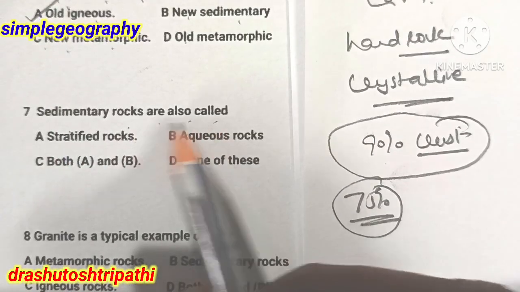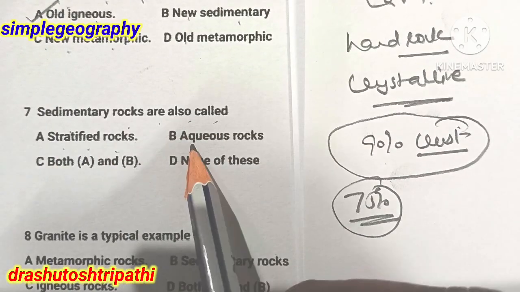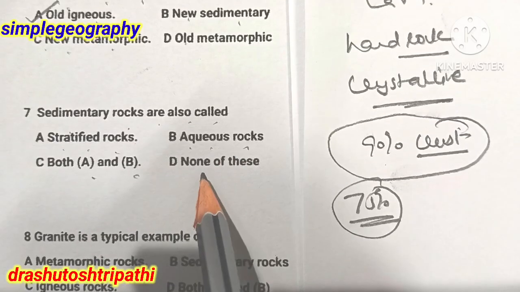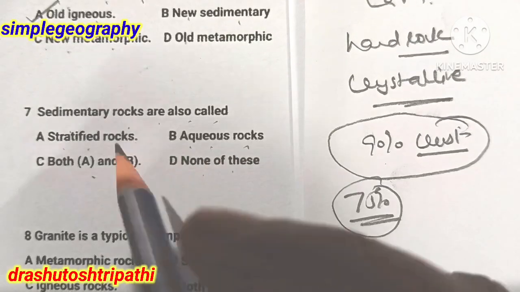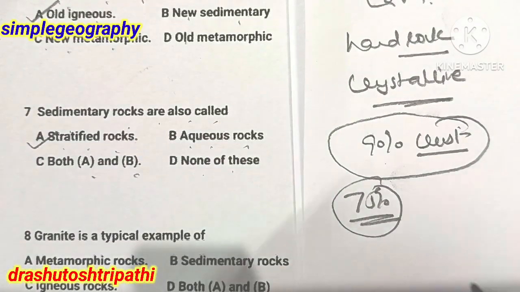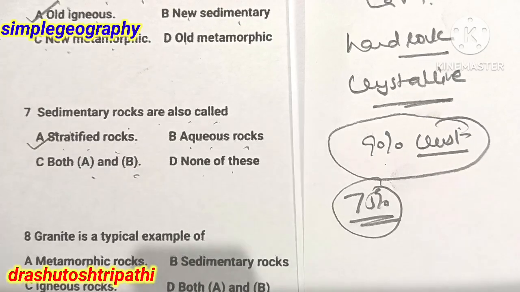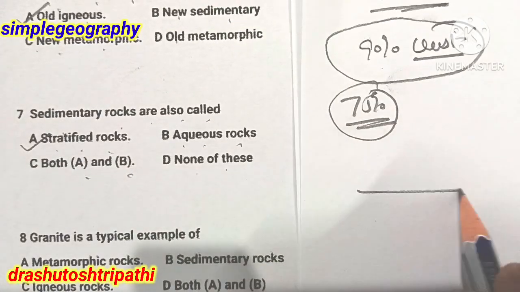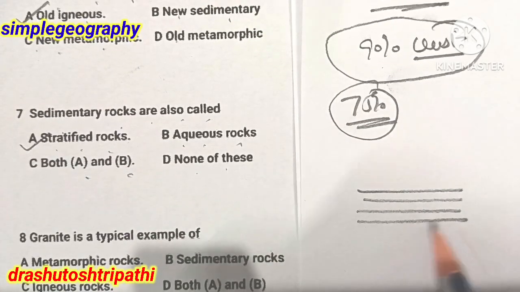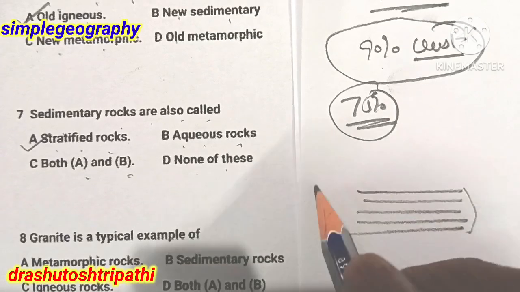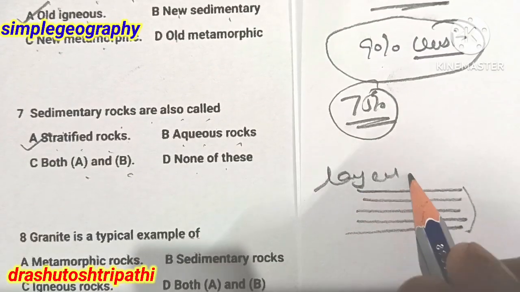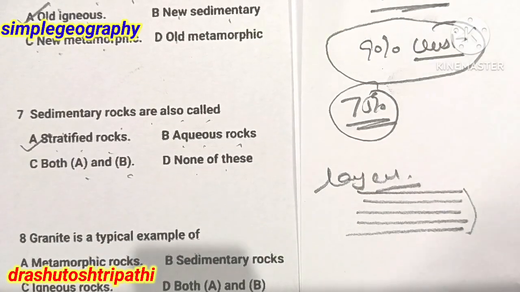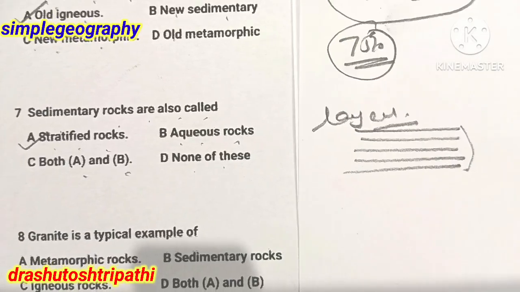Sedimentary rocks are also called stratified rock, aqueous rocks, both A and B, or none of the above? The answer is A, stratified rock. What does it mean? It means these rocks are deposited in layers, strata, so they are formed in layers. That's why they are called stratified. What are the other characteristics we know about sedimentary rocks?